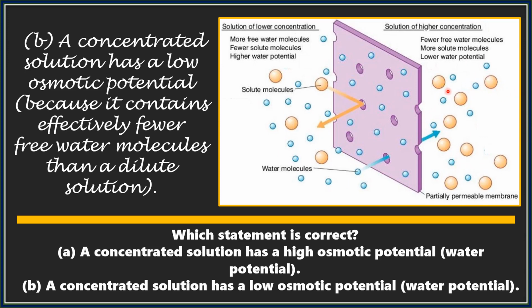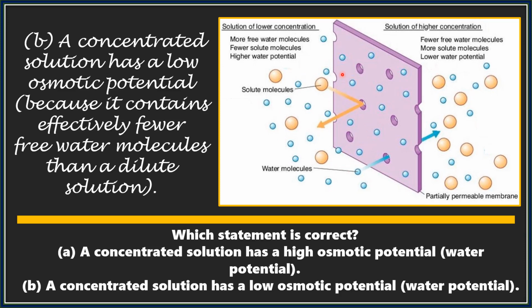And where we have a concentrated solution, there is low osmotic potential because it contains effectively fewer free water molecules than in the dilute solution. So when you look at this side, which is concentrated, it has very few free water molecules. Therefore, when you come this side, we have very many water molecules. Therefore, this one has got a lot of free water molecules.